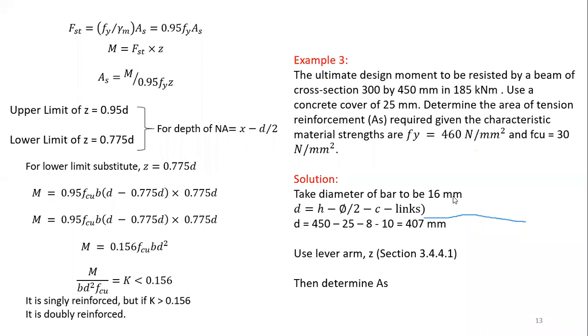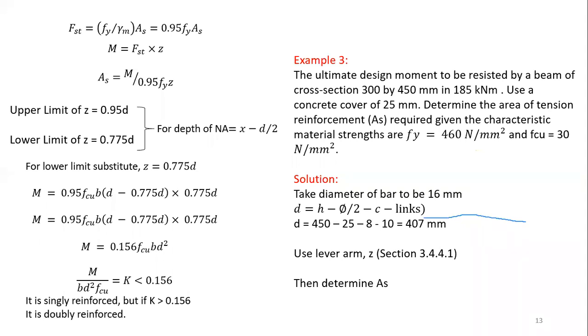Like I did mention before, when we are looking at the analysis of a cross-section of a beam, you need to determine the effective depth. In some cases, the effective depth could be given to you, but in practice, nobody will say, take this effective depth. It is you that will determine the effective depth. Once you know the depth of your beam, which is 450, let us assume that I want to use 16 millimeter, because you make some assumption.